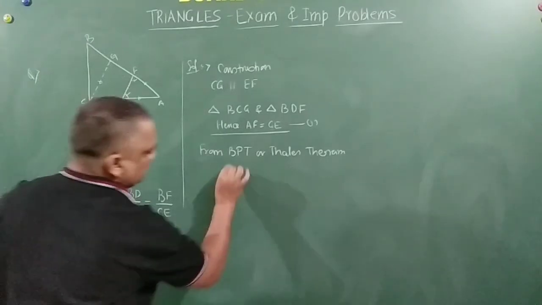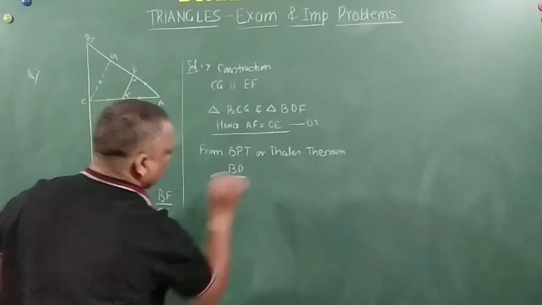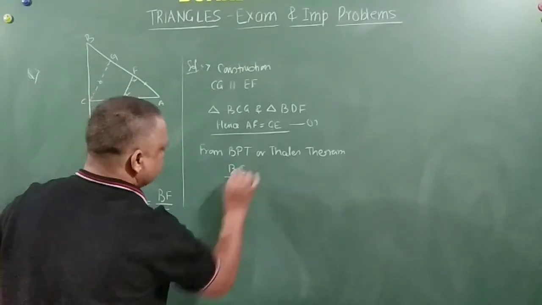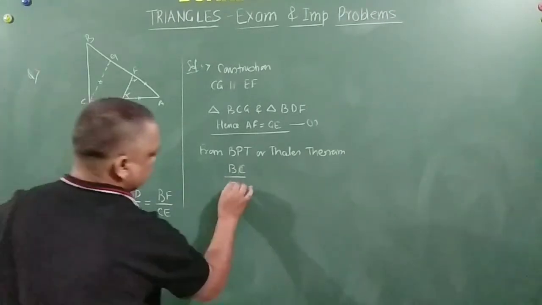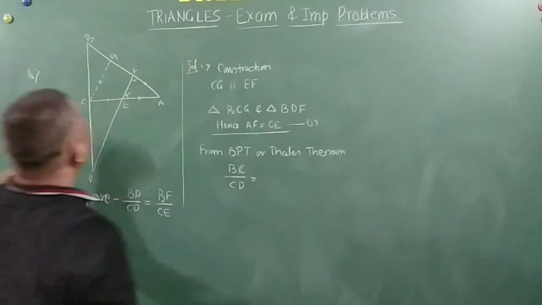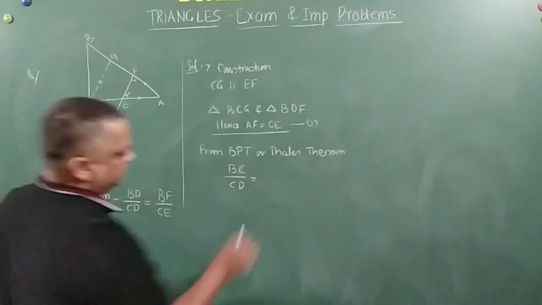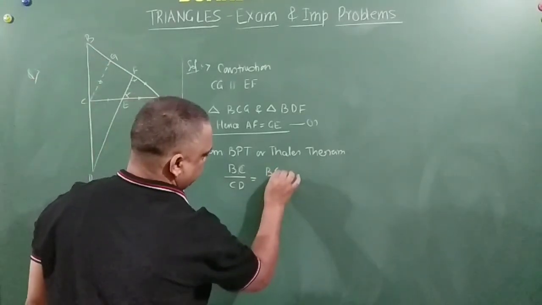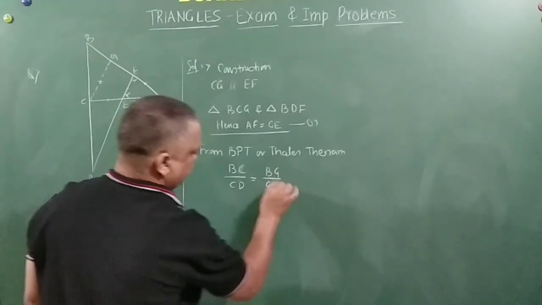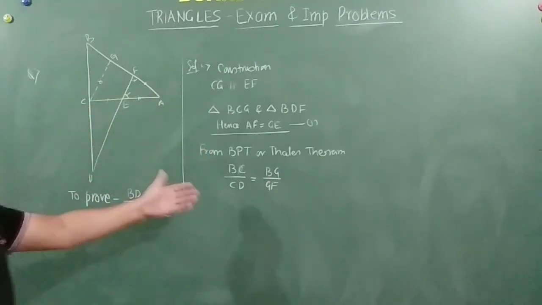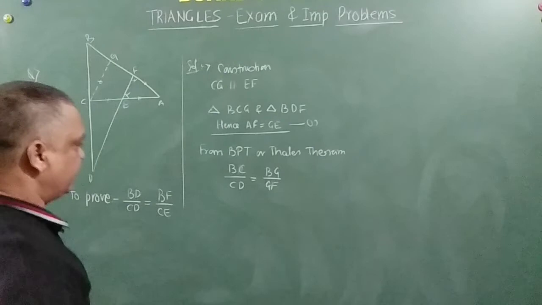So BC by CD should be equal to BG by GF. You got it? This is from the basic proportionality theorem. Right, friends?